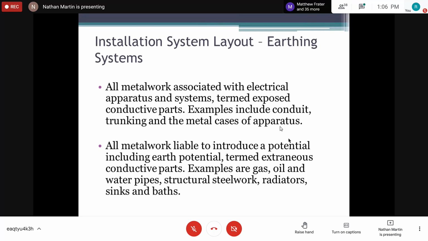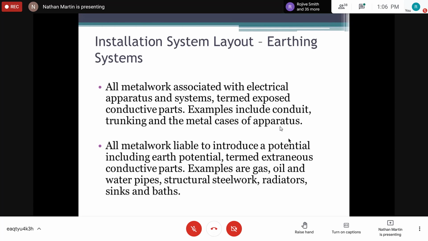Now, all metalwork liable to introduce a potential, meaning once the phase conductor can come in contact with that metal, right, we need to bond it to earth, right? So we need to take it to earth potential, right? And these types of conductive parts are termed extraneous conductive parts, right?